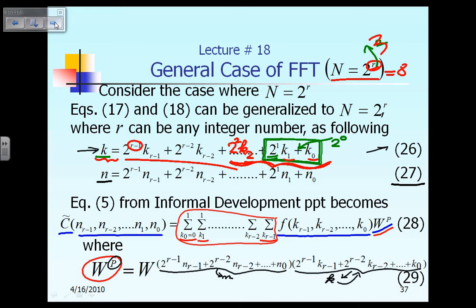And similarly, if you look at equation 27, that will give you the formula for the index n. That is exactly what you have here when you replace that index n by equation 27, as I indicated to you in equation 29. So now, equation 29 will give you a formula to compute w raised to the power p.